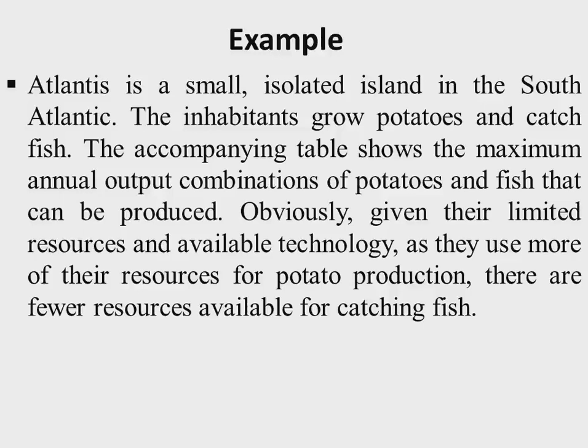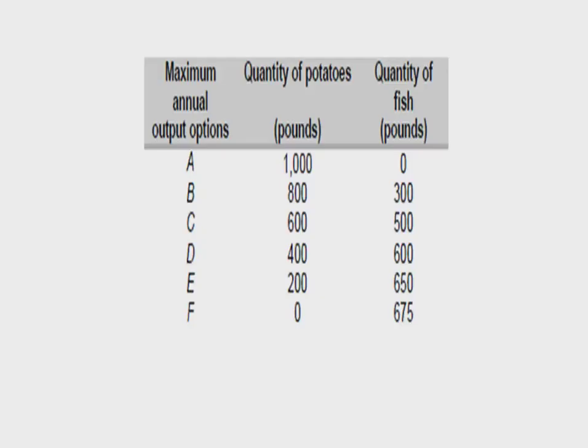Obviously, given their limited resources and available technology, as they use more of their resources for potato production, there are fewer resources available for catching fish. From this table, we see that when the quantity of potatoes is 1,000, 0 units of fish are produced. And as we reduce the quantities of potatoes, we notice an increment in the quantities of fish.